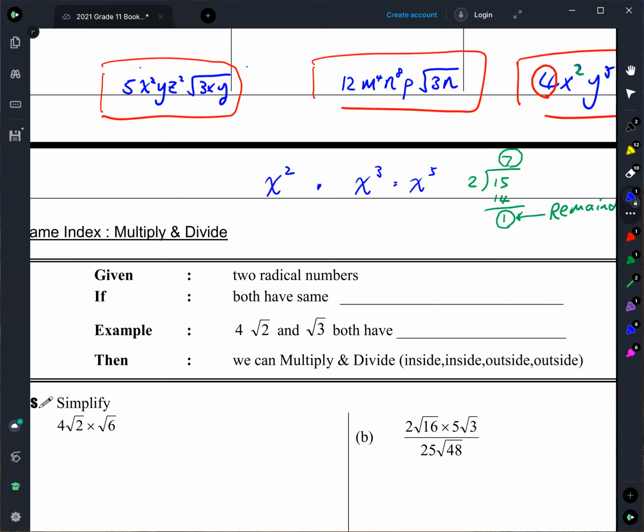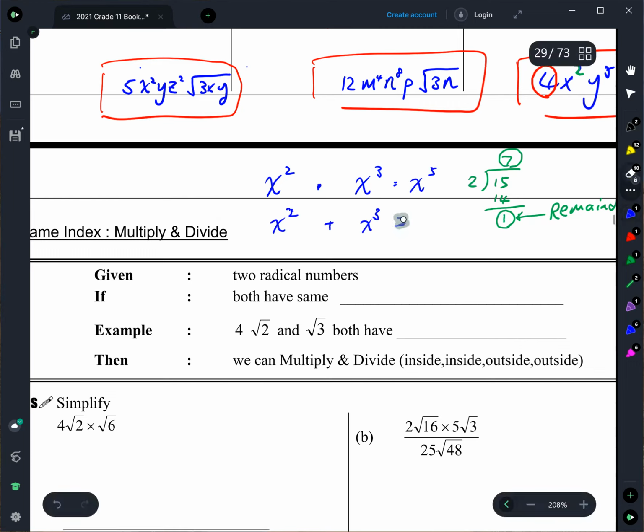Add the exponents. But if it's adding and subtracting, if I want to add them up, I can't do it. I cannot add them together and say it equals something. I can't do anything. So for multiplying, it's okay to have different exponents.